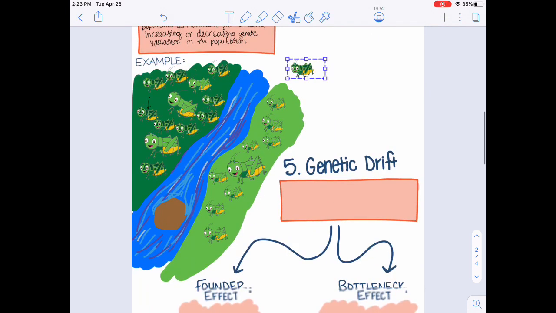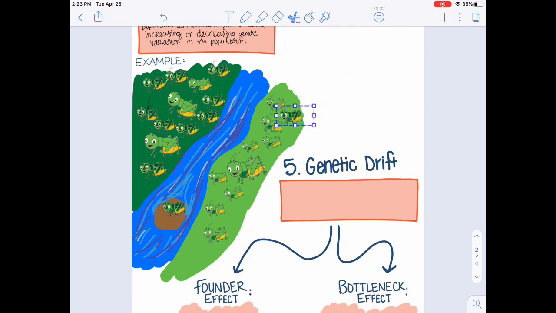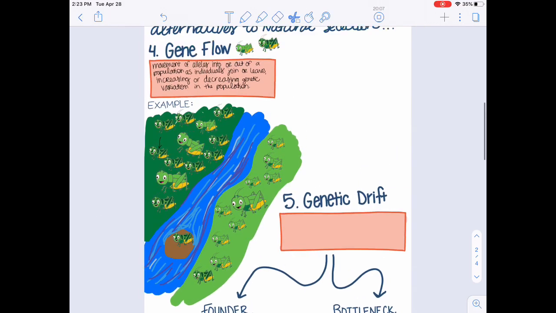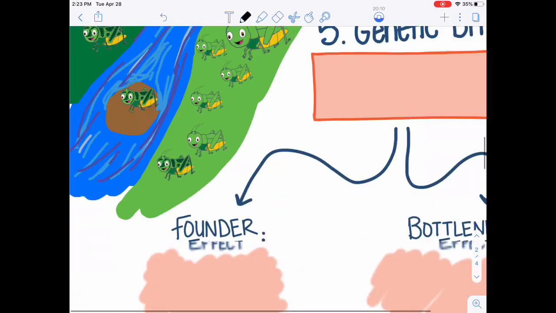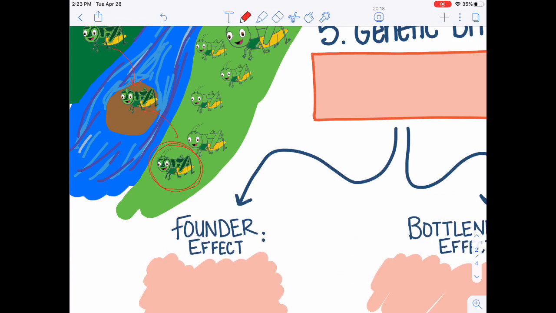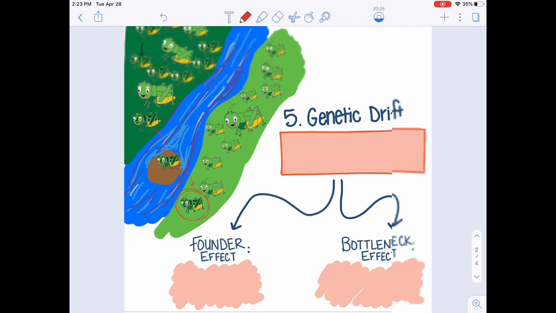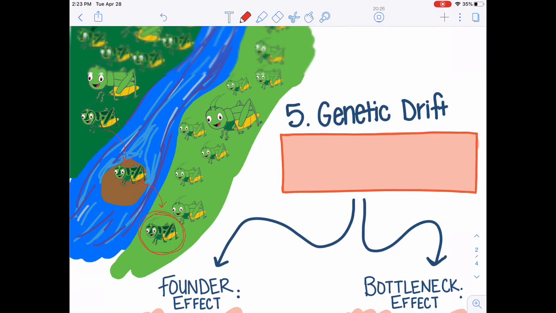Maybe it jumps off this little rock here, using it as a springboard, and joins this side of the river. And so therefore we have gene flow, a new member introducing a new allele into that population. So that's gene flow. Members joining or leaving, which changes the amount of genetic variation.